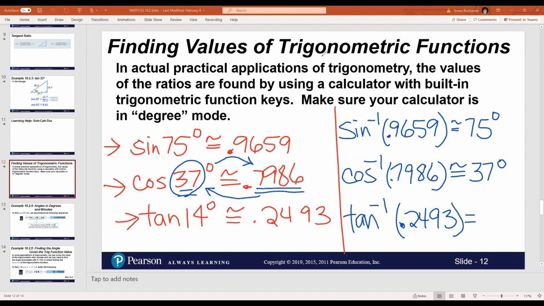Trying again. And again, it's very, very close to that 14 degrees. That was the angle that we started with on the other end. So tangent inverse, cosine inverse, sine inverse, we can get those out of the calculator as well. If we know the ratio, we can find the angle that made it happen.